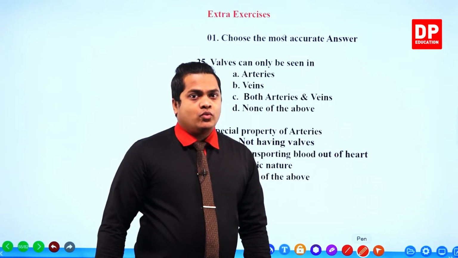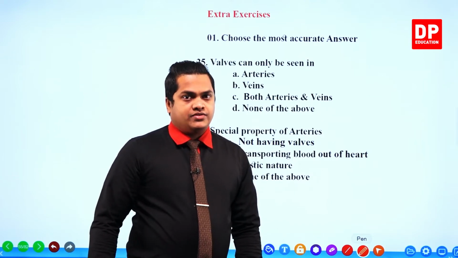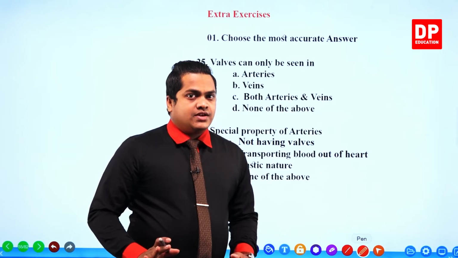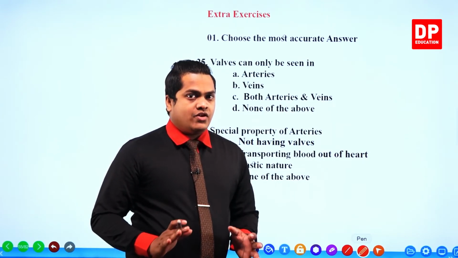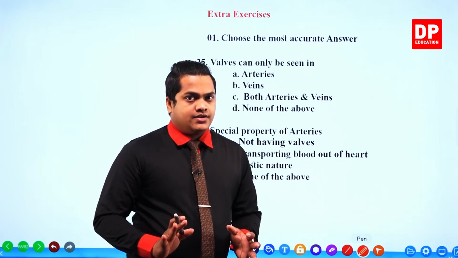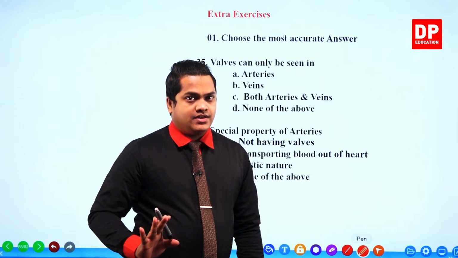So these valves are opening towards the heart. Veins contain valves that lead only to the heart. Blood is only leading towards the heart, that is it.